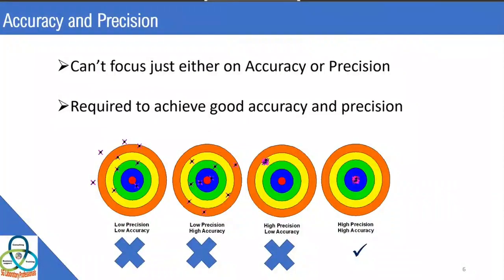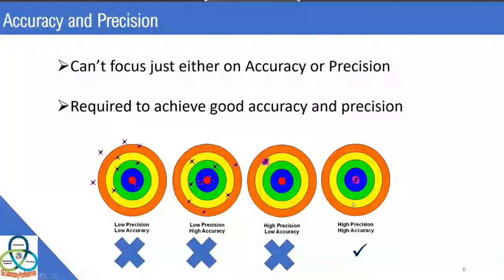If you look at the four figures at the bottom, the first one shows poor accuracy and poor precision. That means the values are all over and nowhere closer to the true value or the target spot. The second one shows slightly improved performance, but still the accuracy is not there and the precision is not there either. Similarly, in the third figure, at least the precision is demonstrated, but the accuracy is not there.